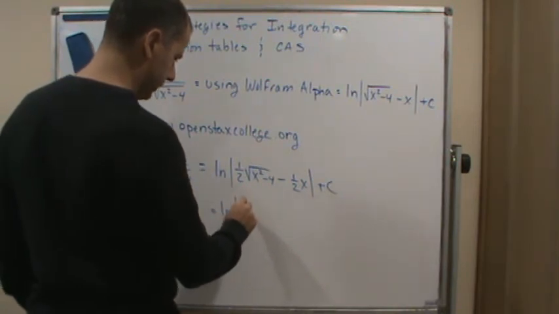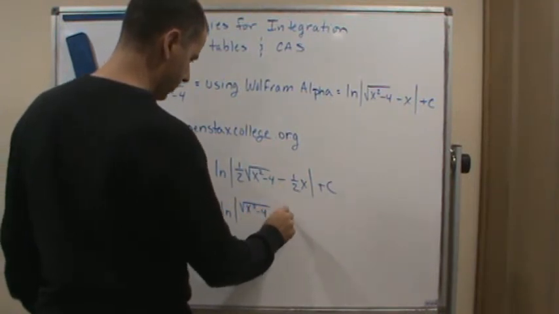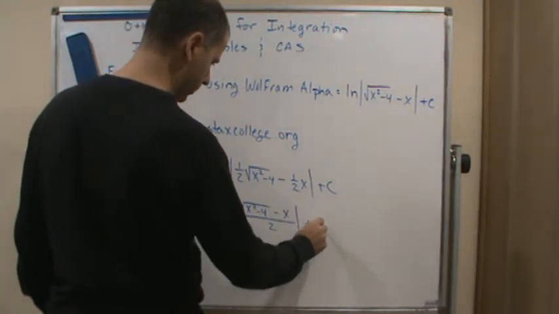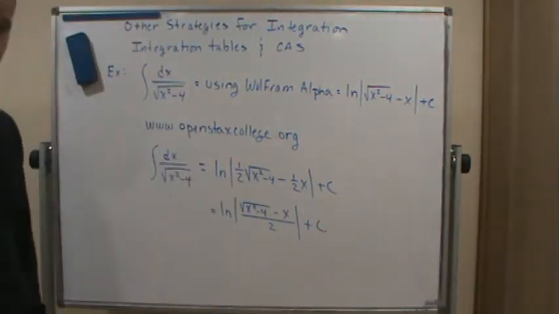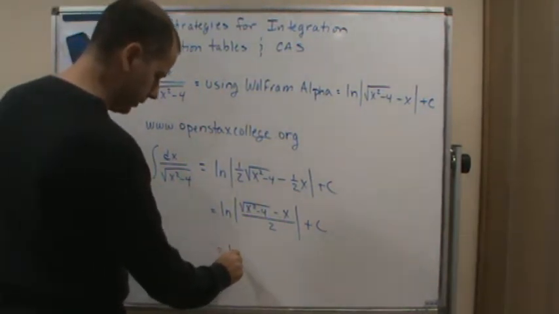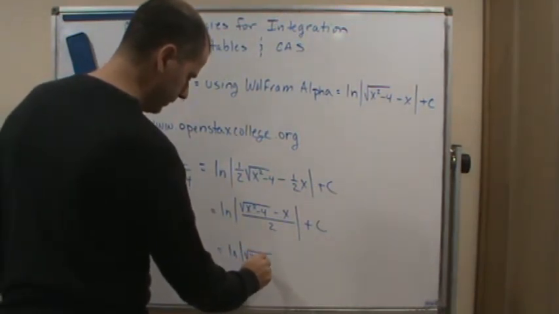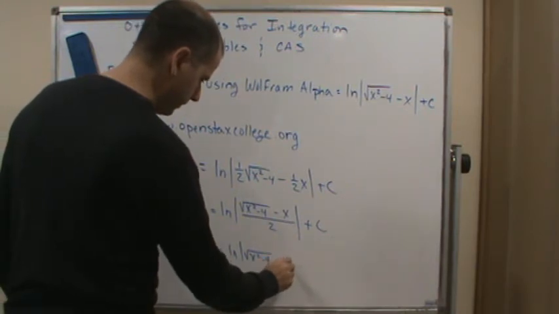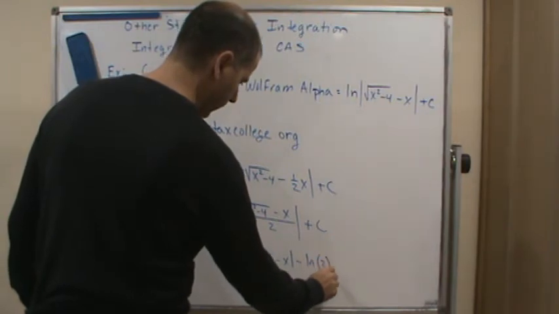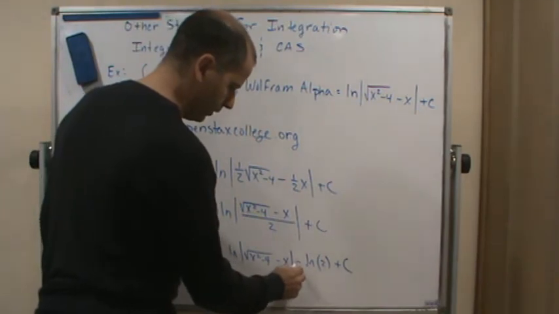if you rewrite this, and then use the properties of logs, then this just becomes the natural log of the absolute value of this minus the natural log of 2 plus c, and then of course this is just a number, right?